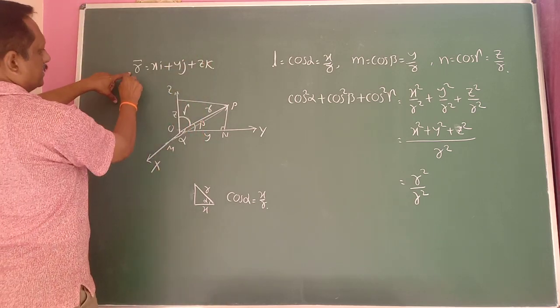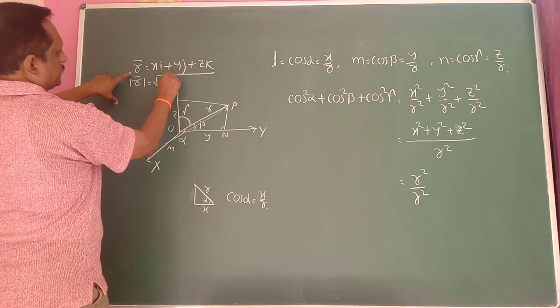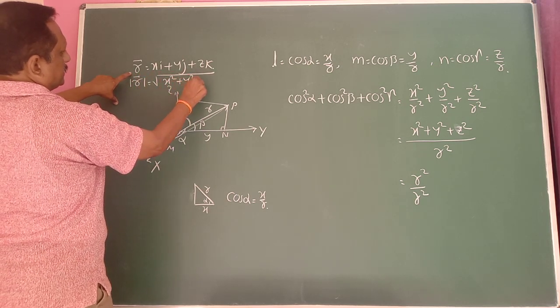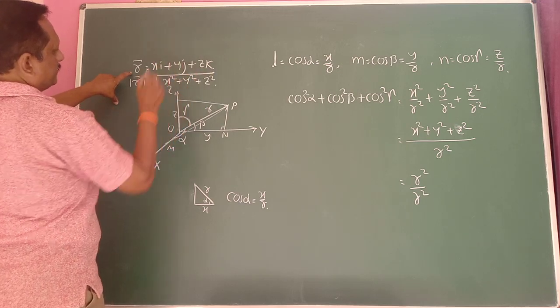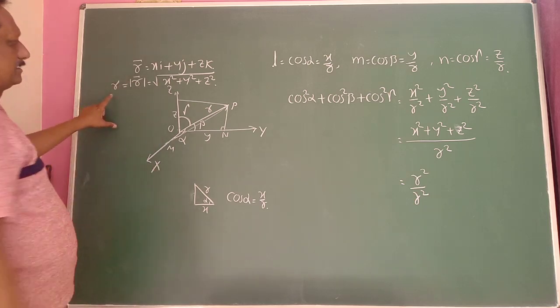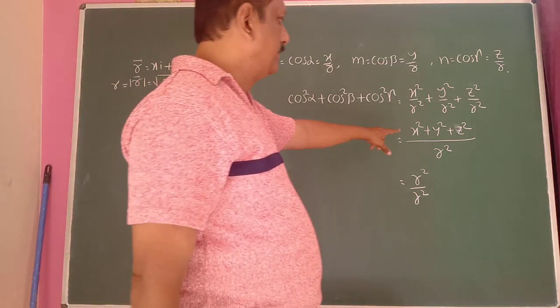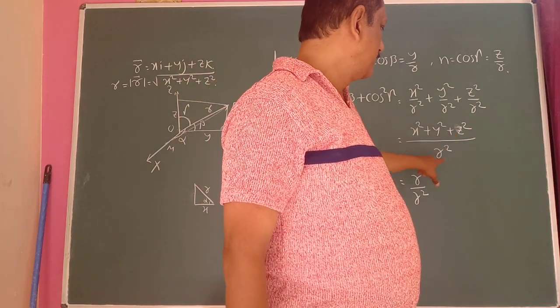If you take the modulus here, the modulus of r bar is the root of x square plus y square plus z square, and the modulus of r bar can be taken as r. Squaring on both sides, we get x square plus y square plus z square is equal to r square.